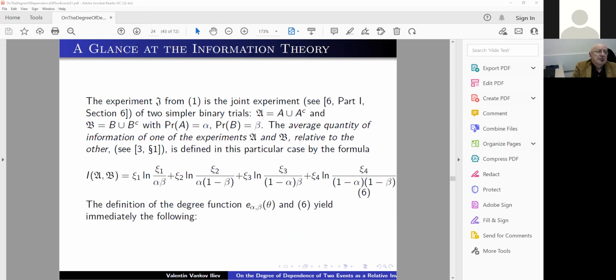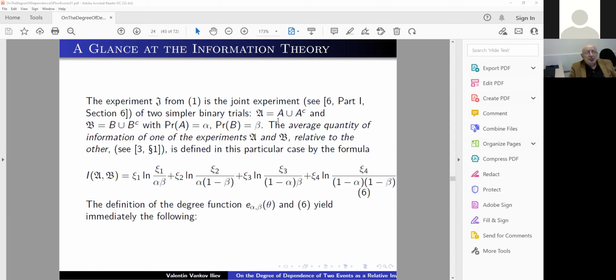Now, let's consider this from the point of view of information theory. This experiment, which was considered in the beginning, is the joint experiment of 2 simpler binary trials. This is A united with AC and B united with BC, with this probability alpha and beta.